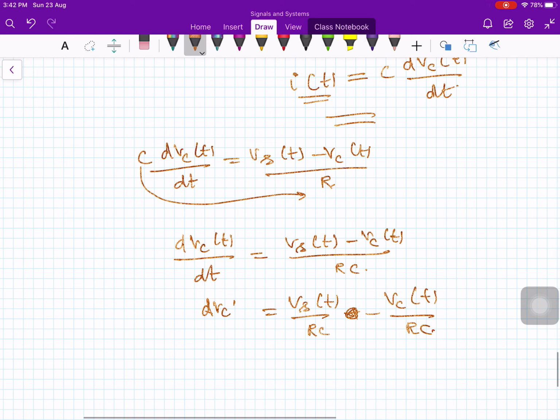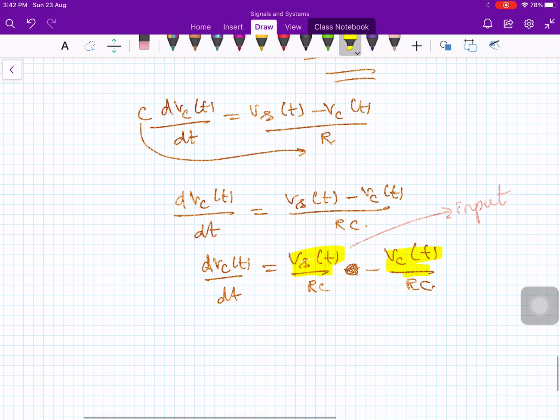Now which is input and which is output? This quantity is input, right? And which is output? Voltage across the capacitor is the output. That's what we assumed. So bring all output quantity to one side and input quantity to the other side.